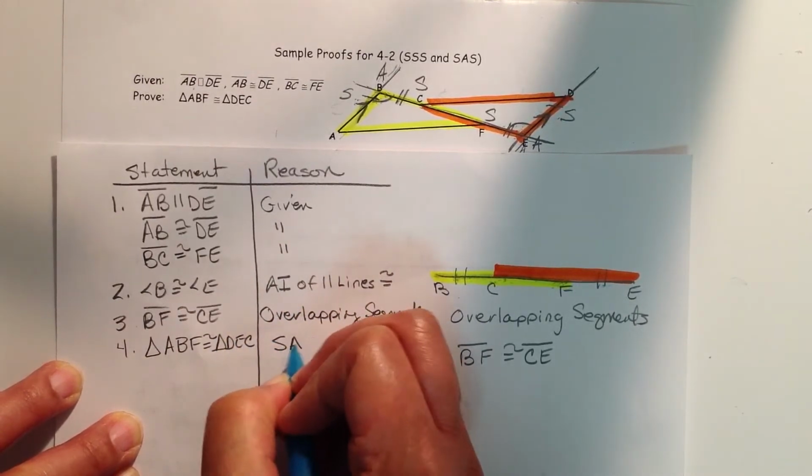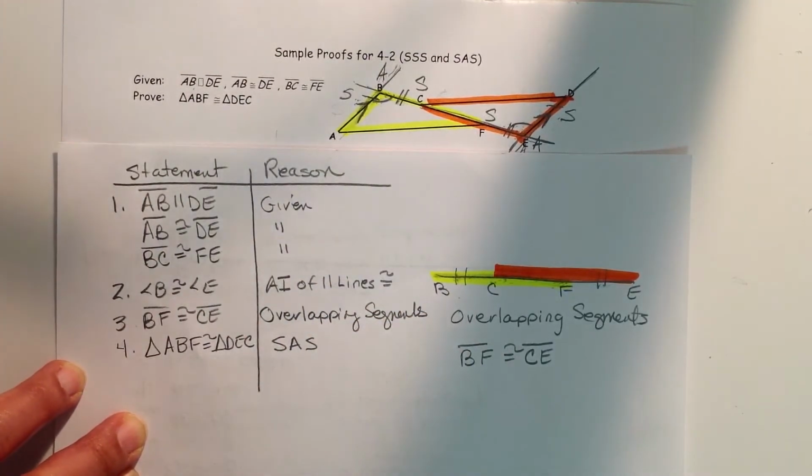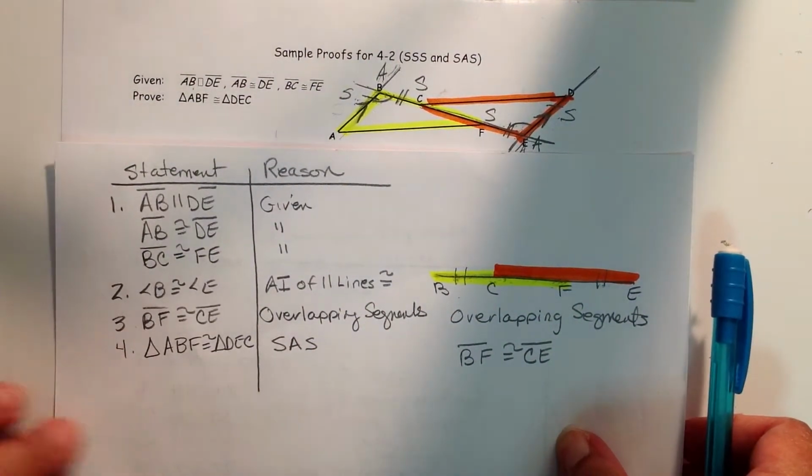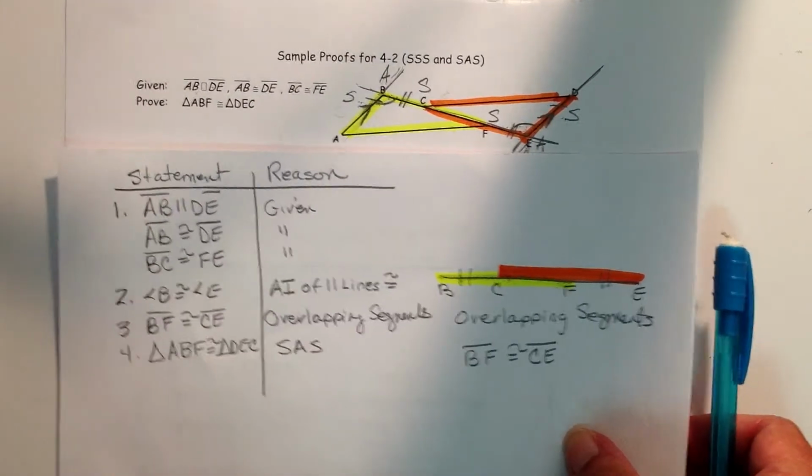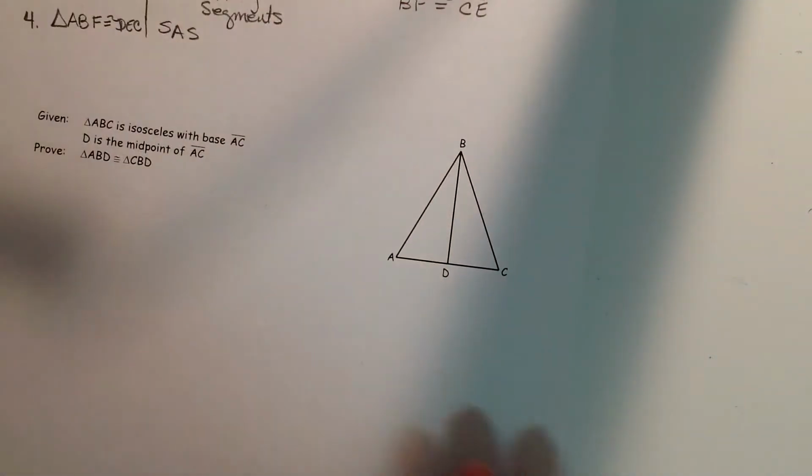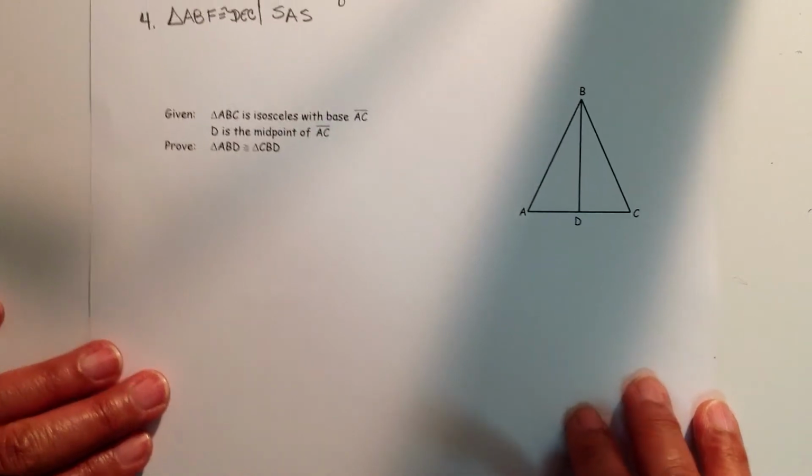Why? Because of side, angle, side. So I've concluded my proof here. And what I would like to do is move on to the final proof and the last problem in our video for tonight.